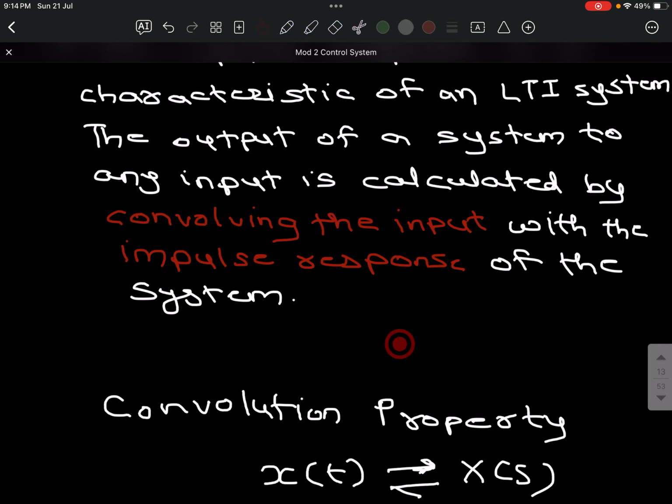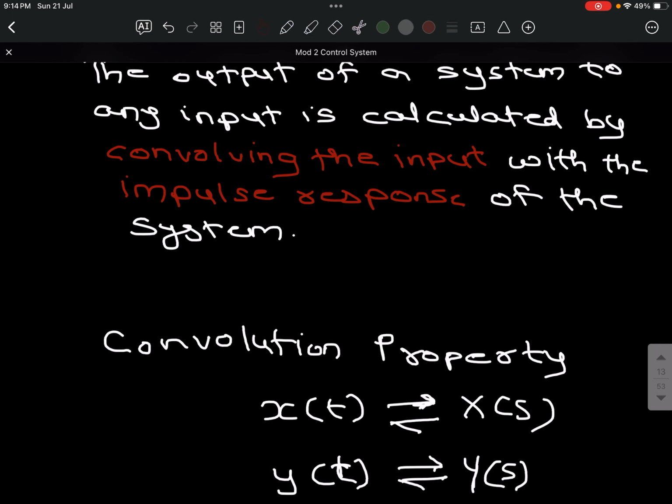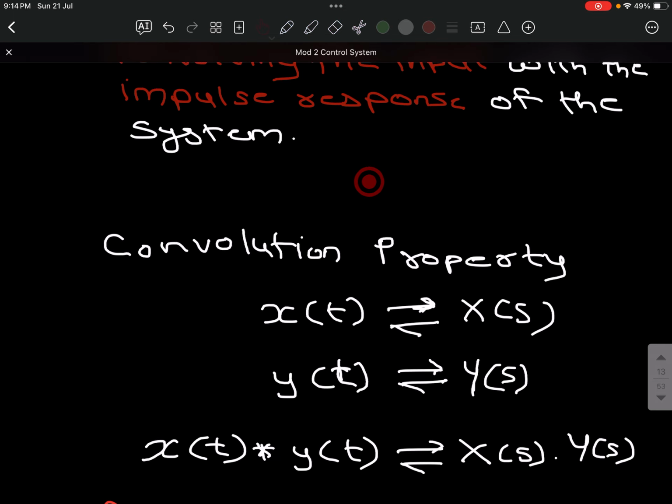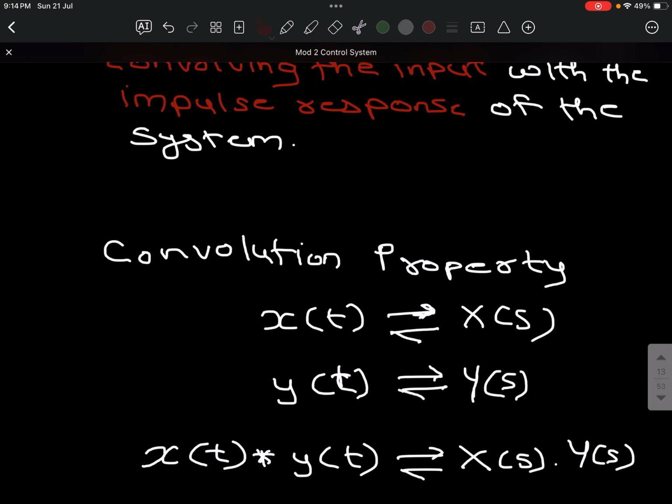So the convolution property states that if x of t is my input and y of t is my output, then x of t will be represented as x of s and y of t will be represented as y of s. Now if I have x of t convolution with y of t, it will be written as x of s multiplied by y of s.